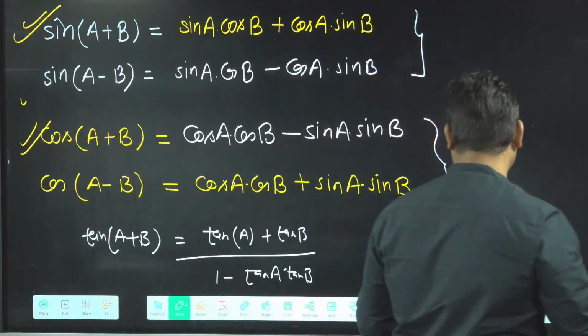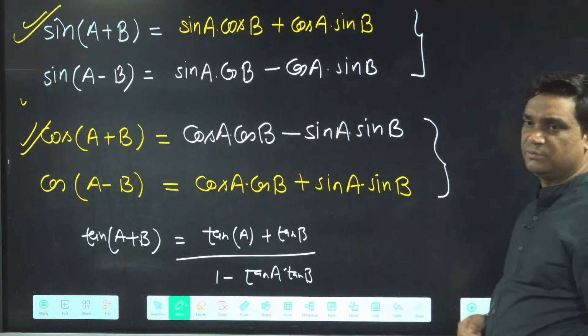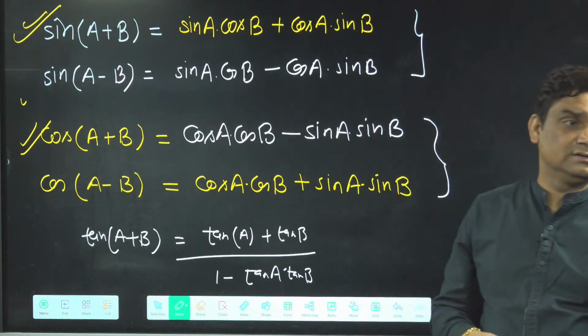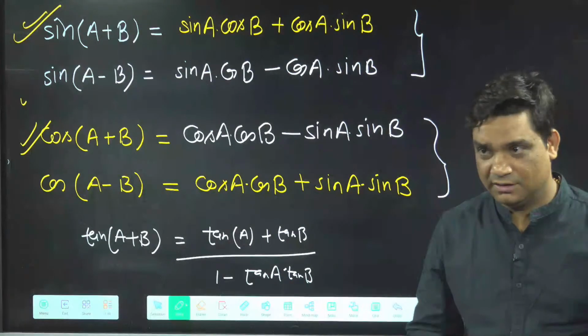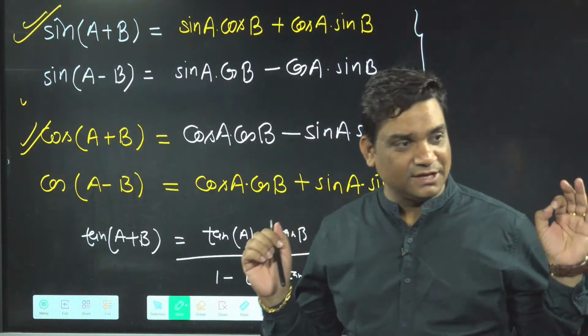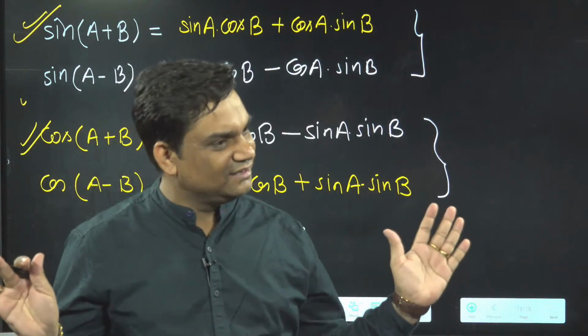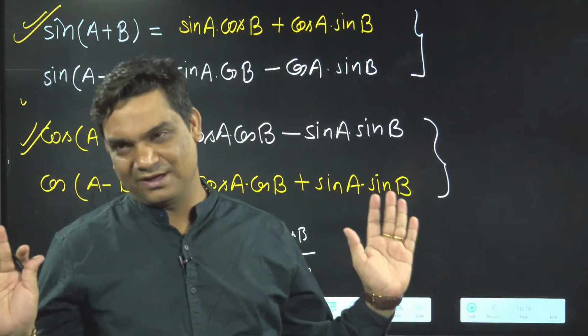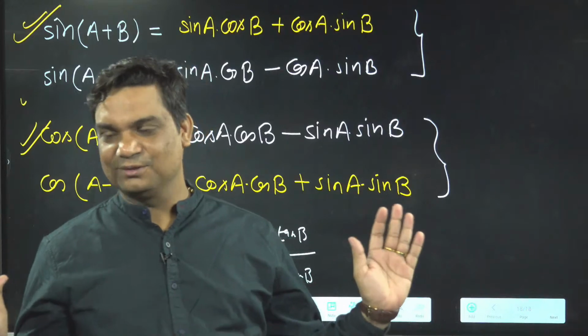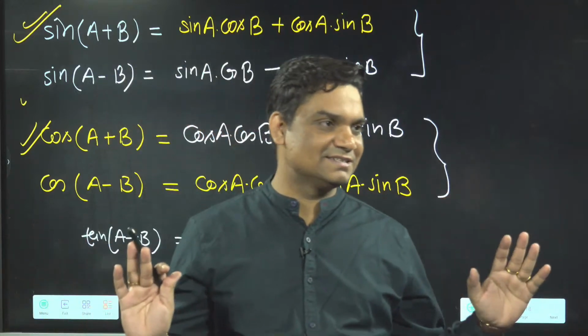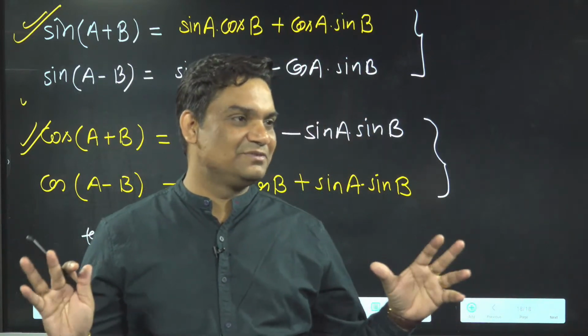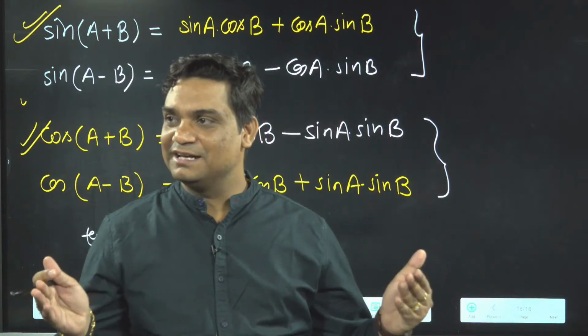Okay, now I will be taking some questions. I hope you have written this formula. And what is the main thing to remember about the formula? Because I know 50% of people forget the formula at the end. This is the truth about NEET aspirants: they have so much fear of mathematics that they forget.